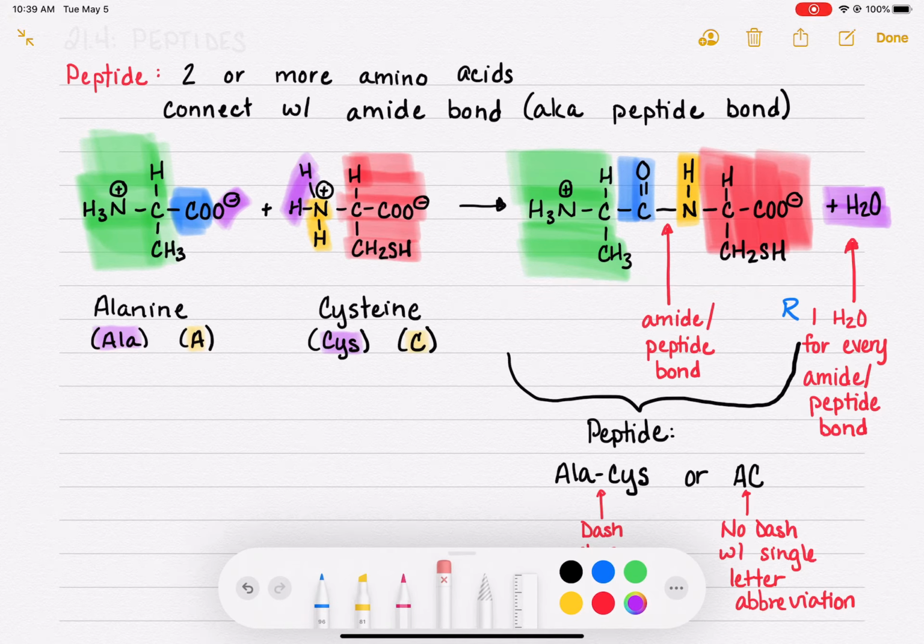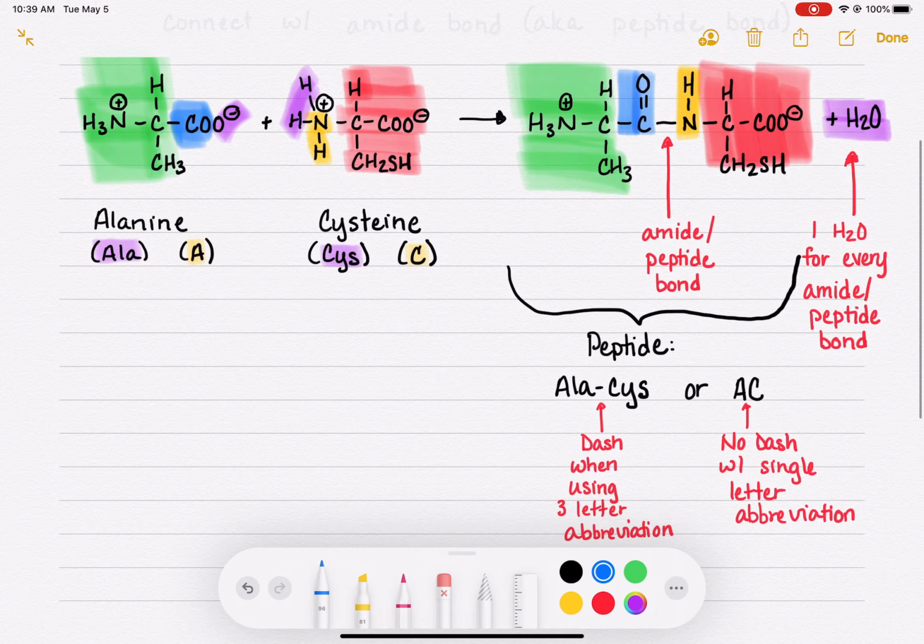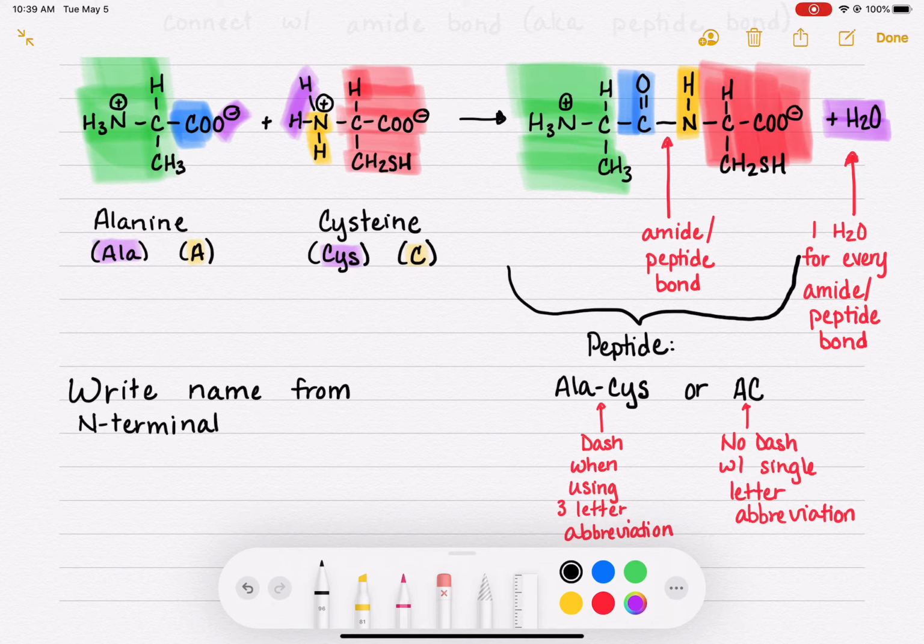I could have easily drawn this the other way around and got my lefts mixed up with my rights. So a better way to say it than from left to right is that we always name an amino acid from what we call the N terminal to the C terminal. So we start at the N terminal and then we go to the C terminal.